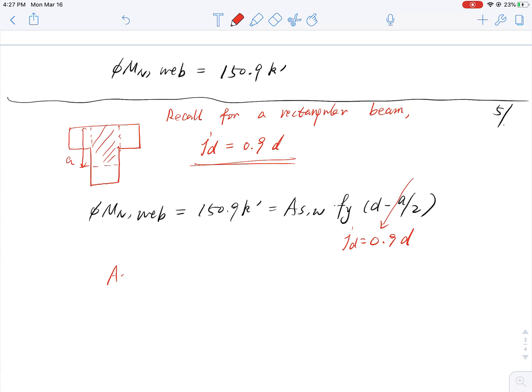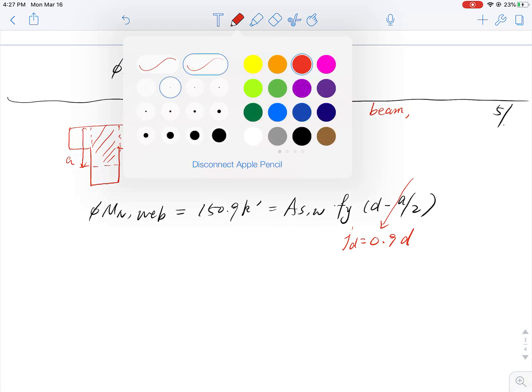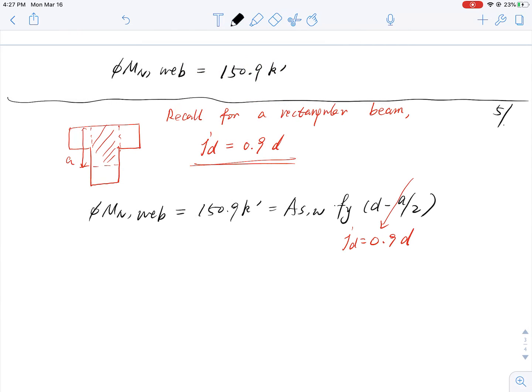So A_s web equals phi Mn web divided by f_y jd.